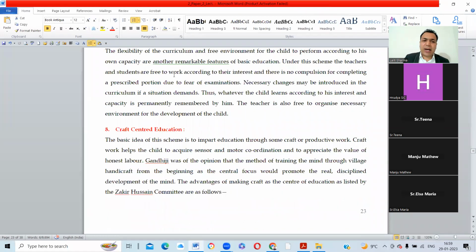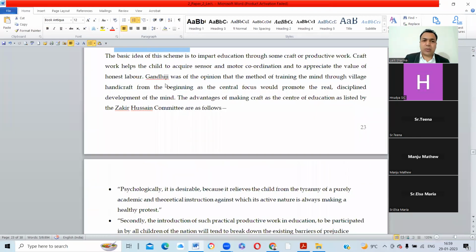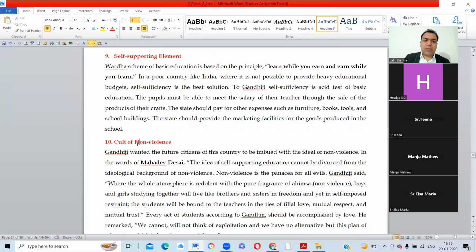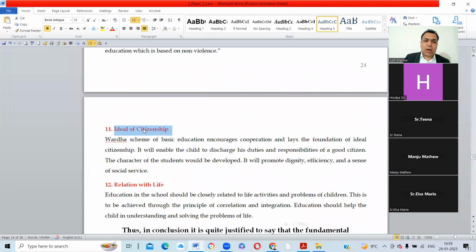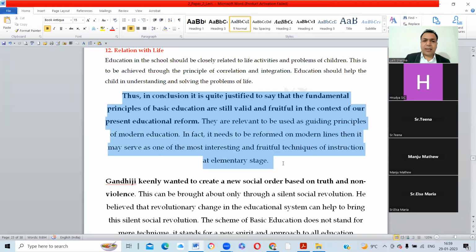Flexible curriculum and free environment, craft centered education. This is the important one, craft centered education. Wardha scheme: self supporting element, cult of non-violence, ideal of citizenship, relation with life. Last, my conclusion.